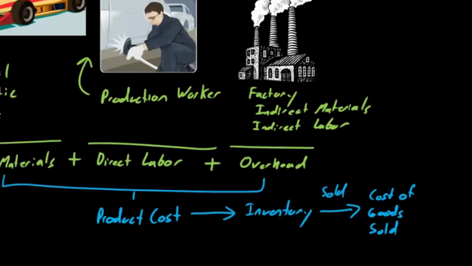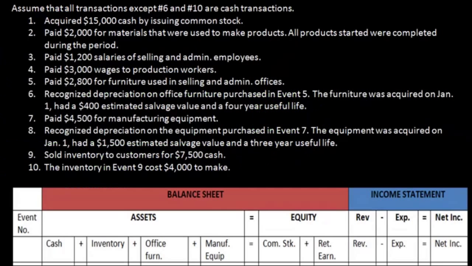So as we incur these costs, they go into inventory, and when we actually sell the inventory to the customer, like if we sell a car, we'll have the cost of goods sold expense.